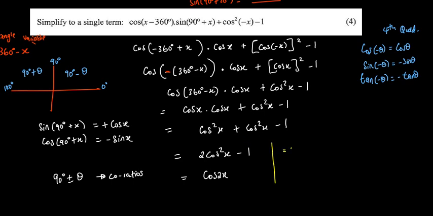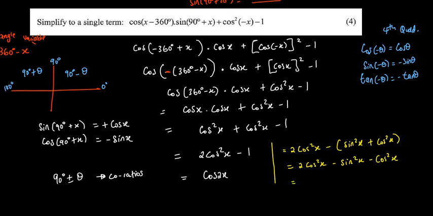So we would have 2 cos squared x minus sine squared x plus cos squared x. Very nice, right? So what would we have? You would have 2 cos squared x minus sine squared x minus cos squared x. So good people, what will this give you?